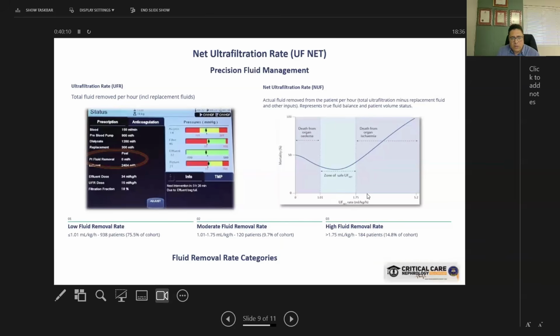And these are also the numbers that we have to begin to understand and work towards. Low fluid removal rates are less than 1 mL per kg per hour, moderate rates are in the 1 to 1.75 mL per kg per hour range, and higher rates, when the patient is more stable, go above 1.75 mL per kg per hour.